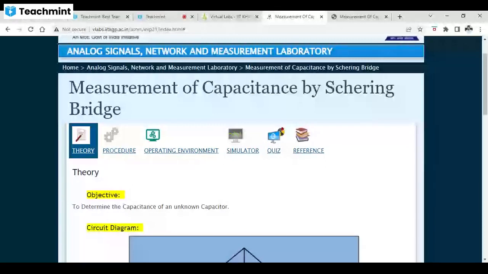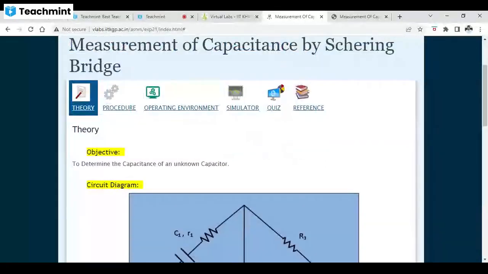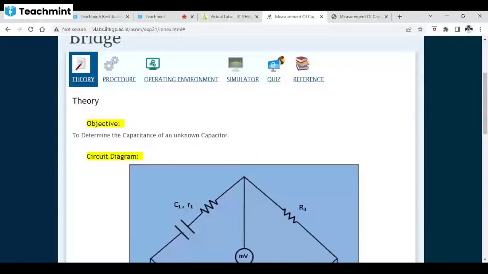Firstly, the objective is to determine the capacitance of an unknown capacitor.